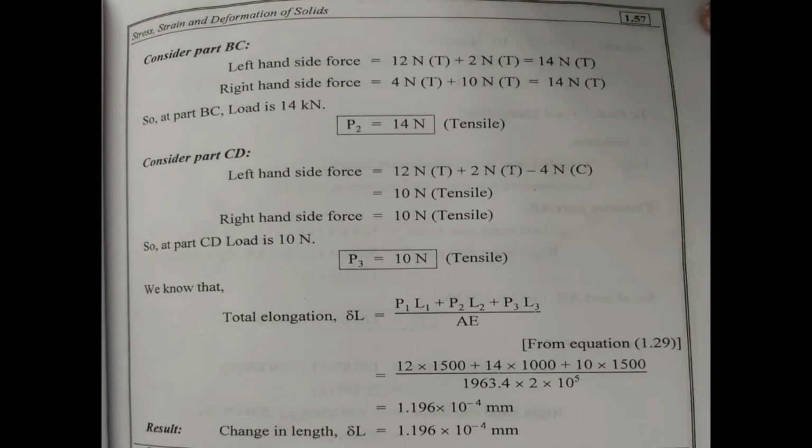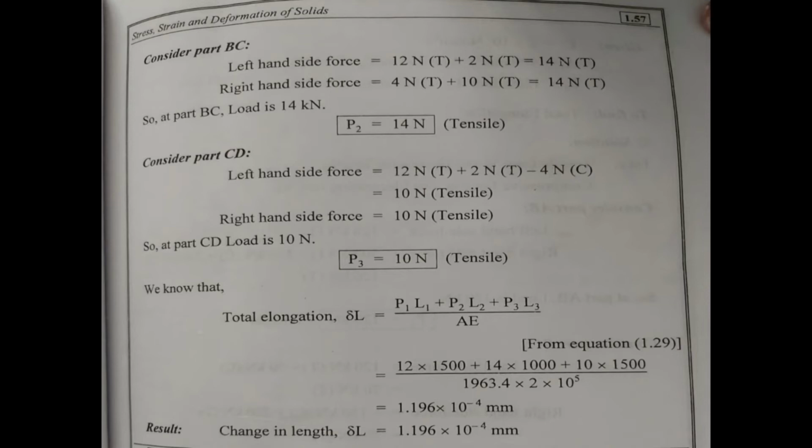Here the P1 value is 12 Newton, so substitute 12 into length L1, which is 1500 mm. Then P2 value is 14 Newton, L2 value is 1000, plus P3 value 10 into L3 value 1500, divided by the area. Area you know, it is a circular rod, so pi by 4 into d square.